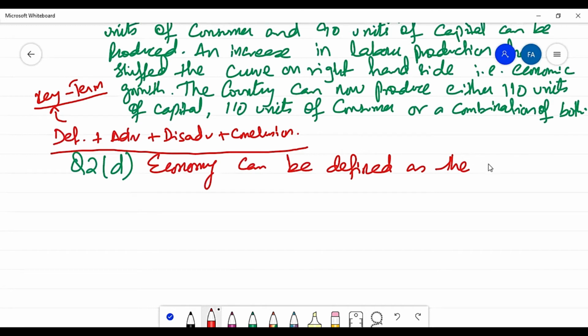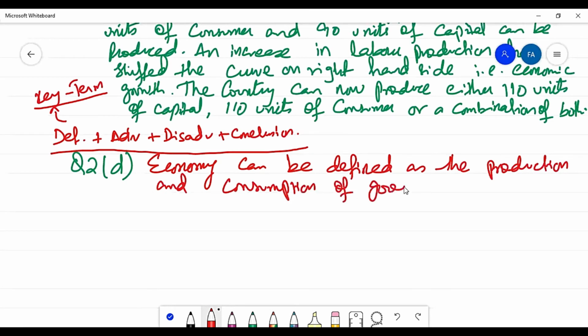It is a larger set of production and consumption activities. It determines how resources are allocated, production and consumption of goods and services, and determines how scarce resources are allocated. So the end goal of this is to produce the services and goods. According to me, the end goal is this.